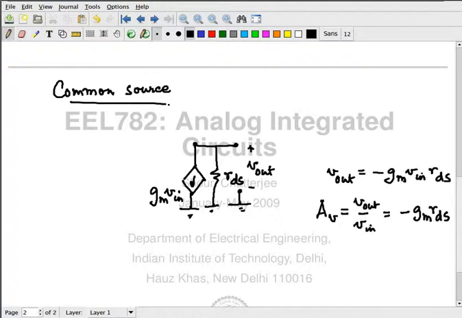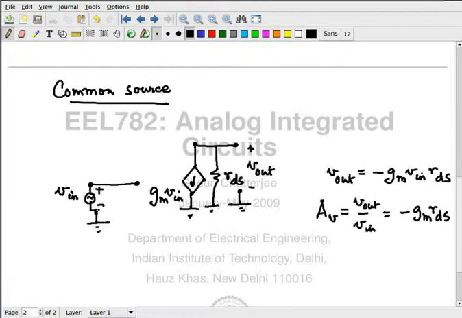Now, what if I start talking about capacitors? I didn't talk about capacitors, right? But the MOSFET has capacitances also. So let's take a look. What are the different capacitors?